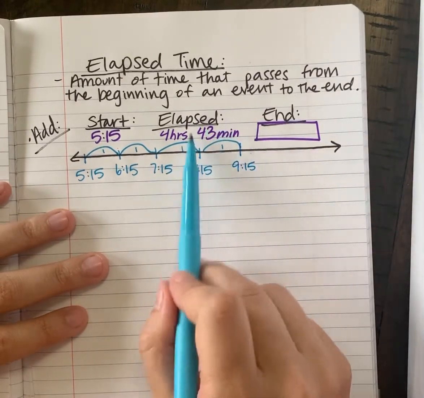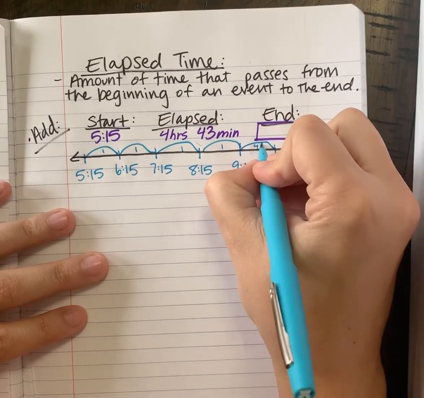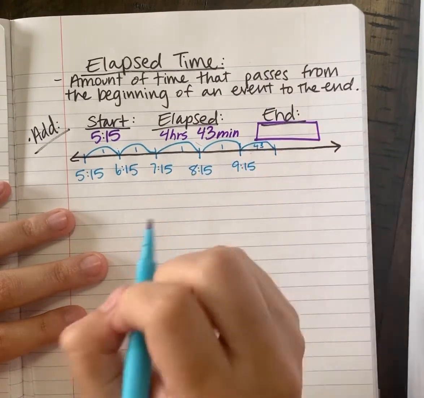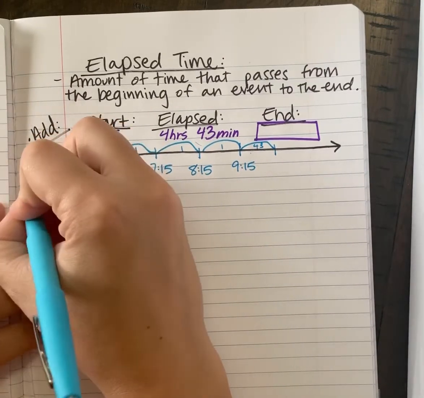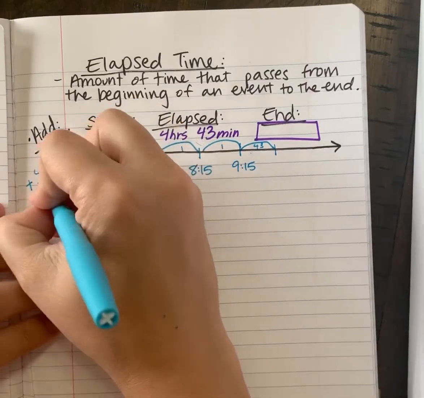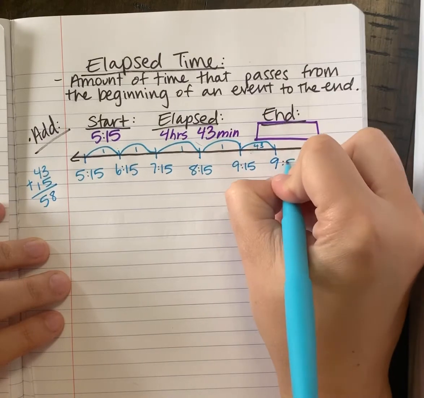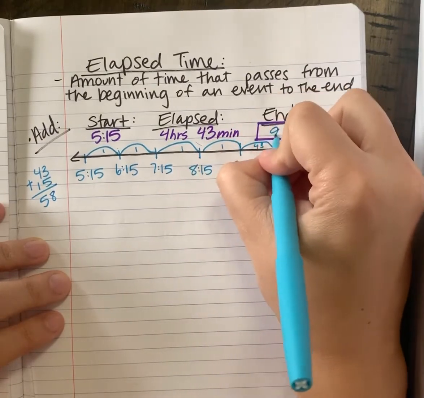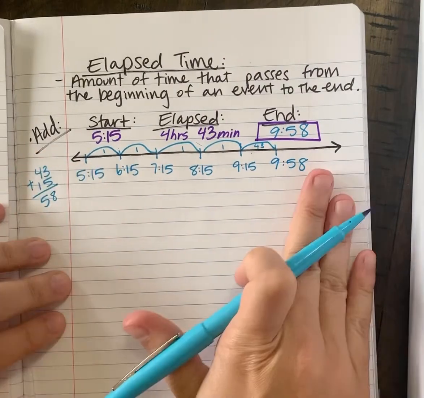We still have to account for the 43 minutes. So now we're going to jump 43 minutes. You can either do 15 plus 43 or just come over here to the side and add it up if you can't do it in your head, which is fine. 5 plus 3 is 8. 4 plus 1 is 5. So our end time is 9:58. You have to be in bed by 9:58. That is whenever you would add time.